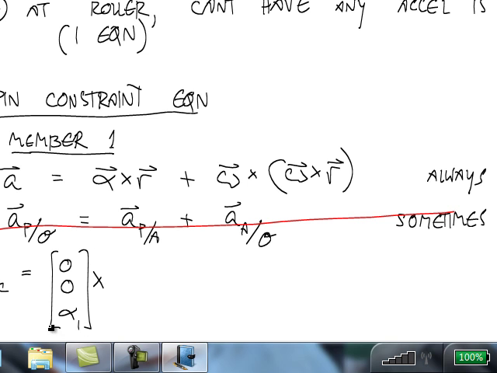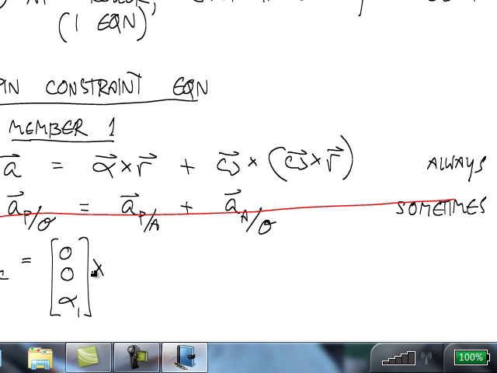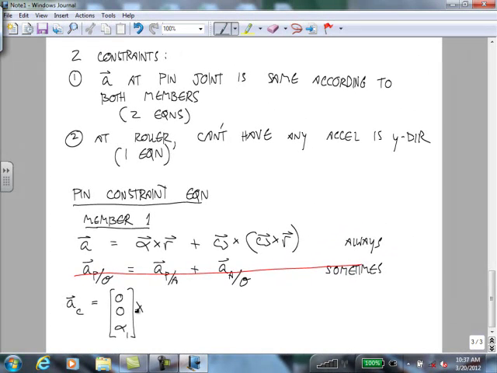So in this case, it's the vector going to the point C from the pin at A. That's going to be 0.5, 0.866. And I think this was instantaneously at rest.